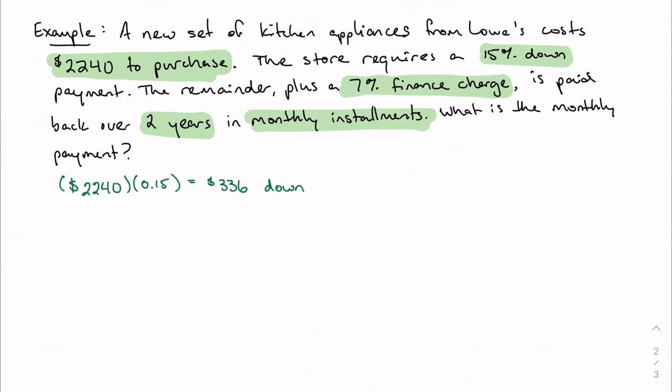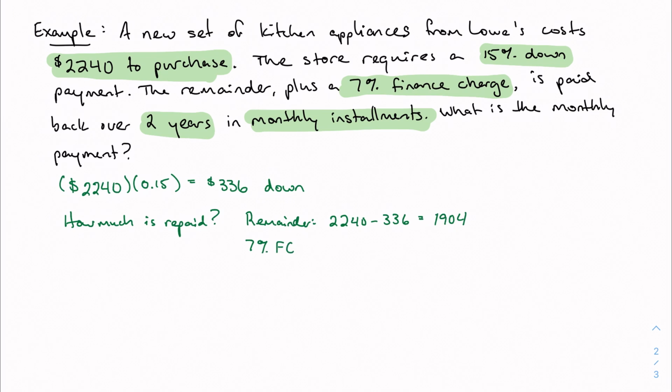Well, the next thing in our problem says the remainder plus a 7% finance charge is paid back over 2 years. So how much is repaid? Let's figure that out. Well, it's the remainder, so it's whatever's left after paying the down payment, and it's a 7% finance charge, and that finance charge is applied to the remainder.